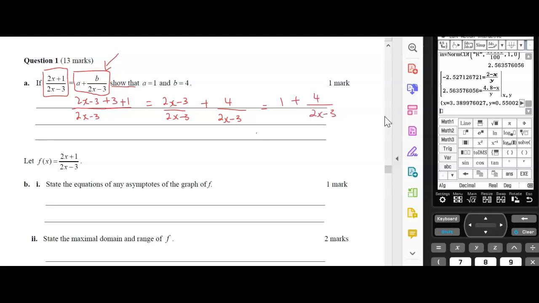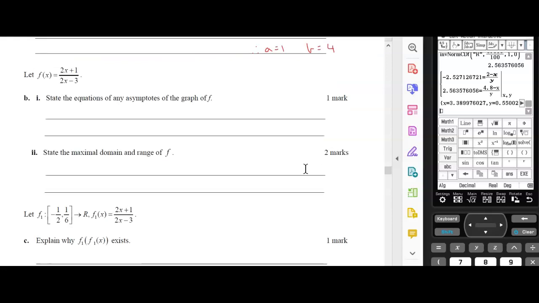A question like this is good if you had to get your answer in that form, so make sure you're able to rearrange expressions into the form you want. You could probably just solve this, but the easiest way is to do it how I've done it there. Anyway, let's move on.